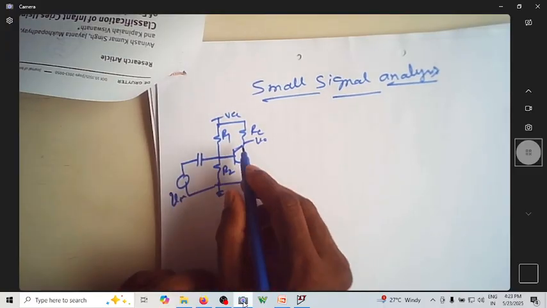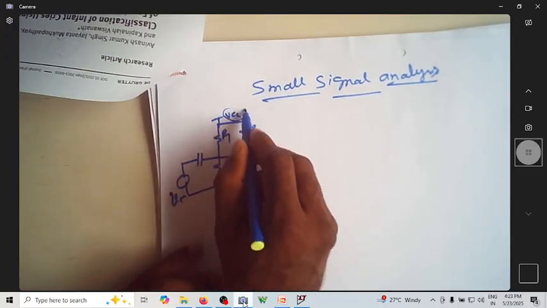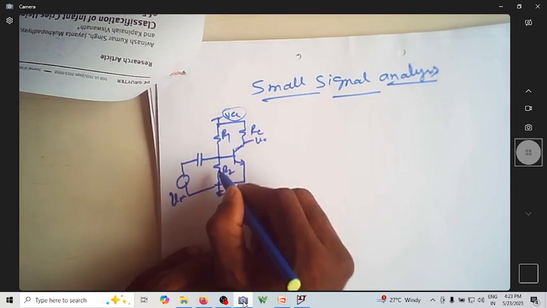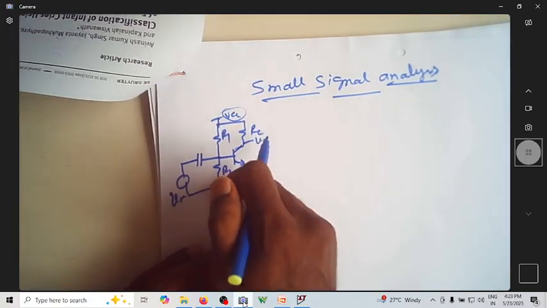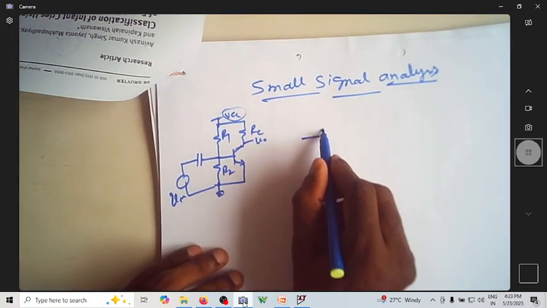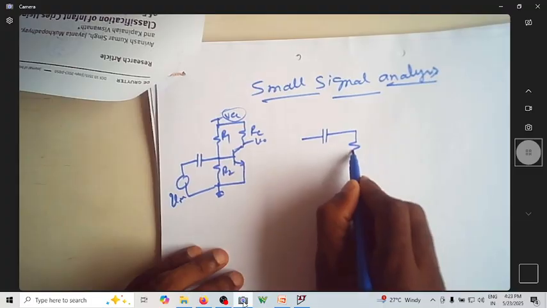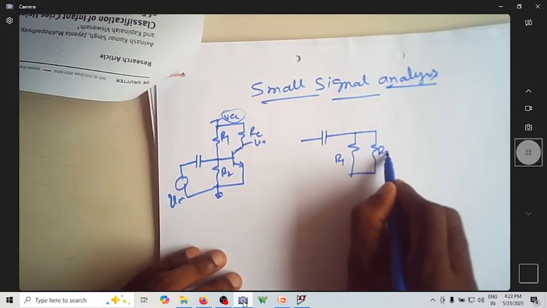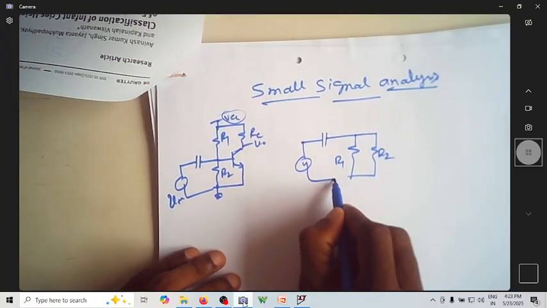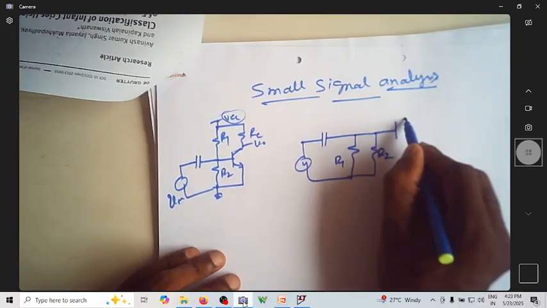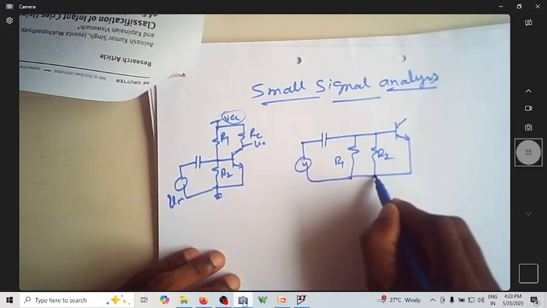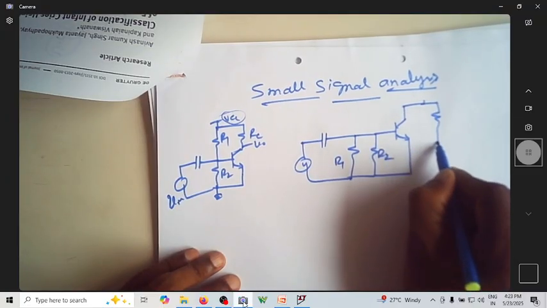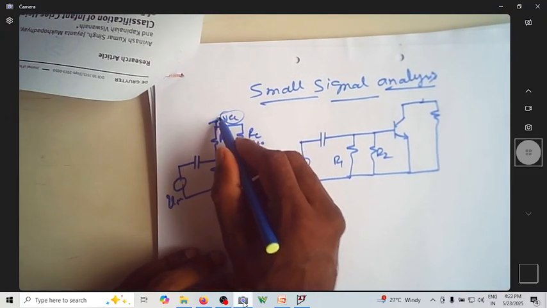Now in small signal analysis, I will consider this as ground, so it is replaced by ground. Once this is ground, this is also ground, so I can merge these two together. This is R1, R2 in parallel. You have the input voltage, and this is your base. You can see all DC voltages are grounded.